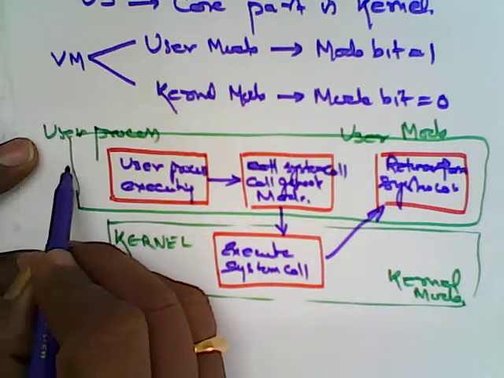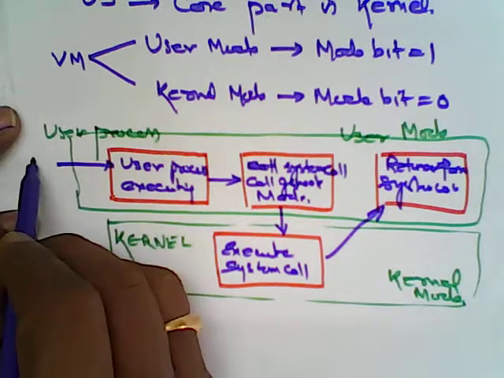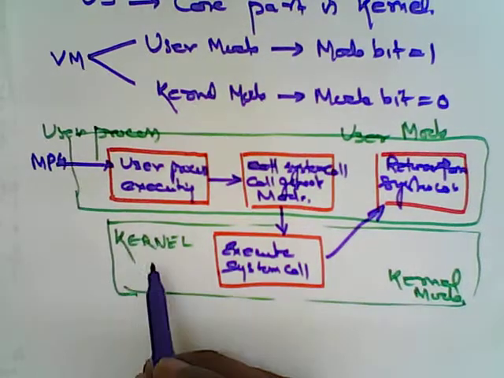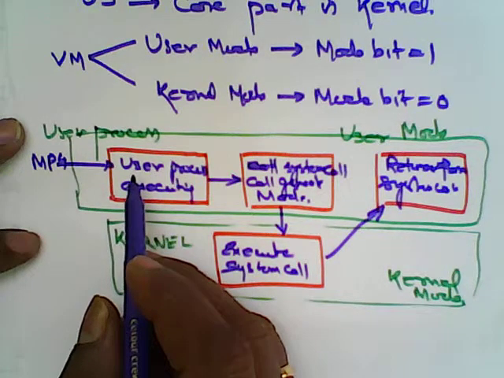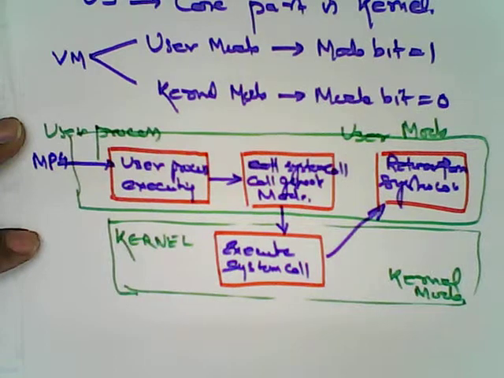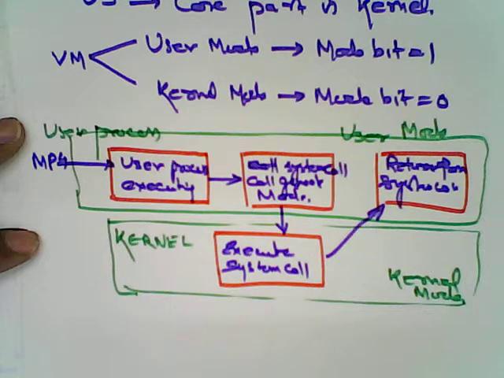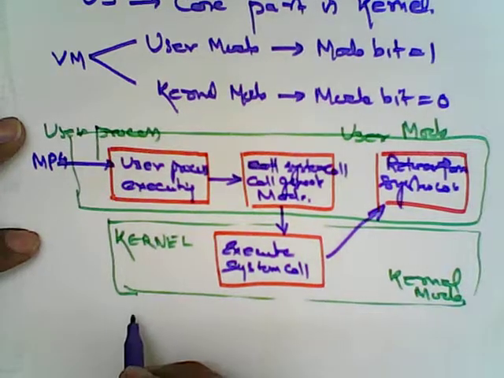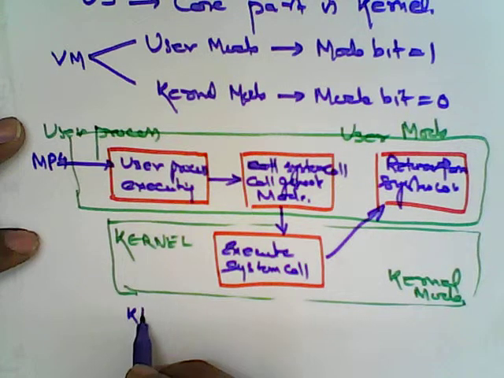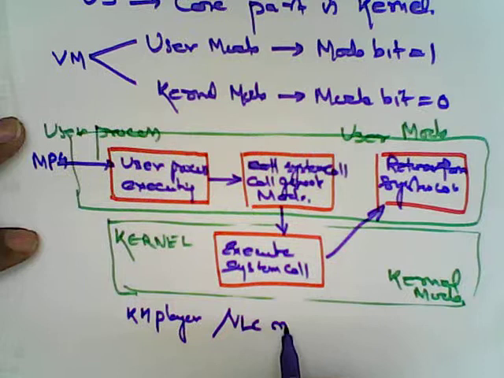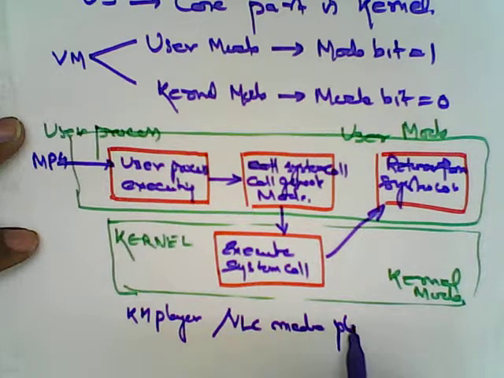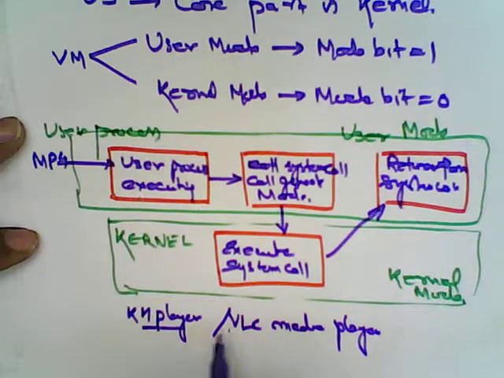If this MP4 has to run, the system will automatically check which type of player is there, whether you have a KM player, a VM player, or VLC media player. These are some players the user can use to process it. Let us think that VLC media player is taken, and the MP4 is processing.